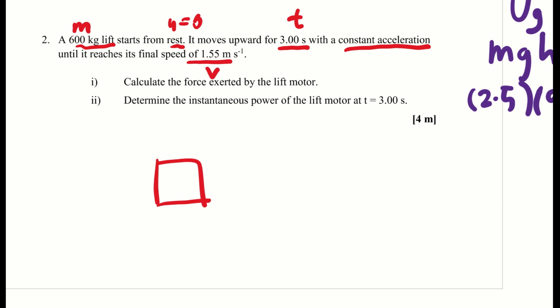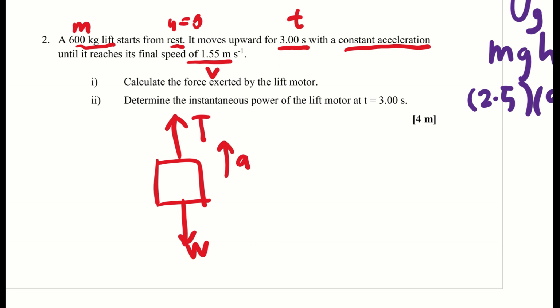In this case you have to understand the condition of a lift. It has the force of tension and also weight, the weight of the lift, not the weight of the passenger. And this lift is moving upward.